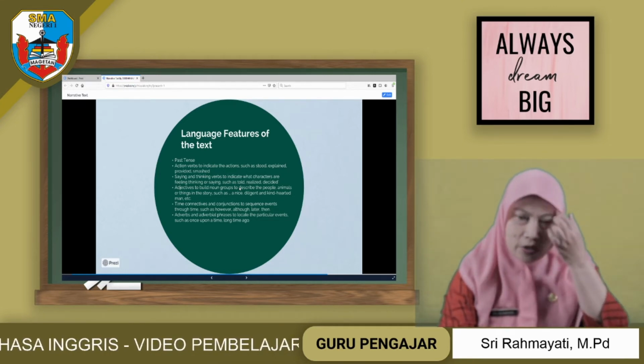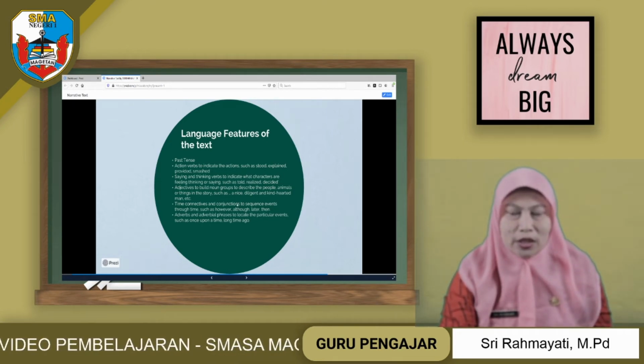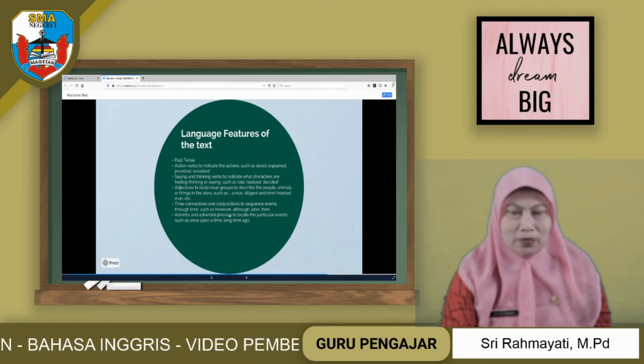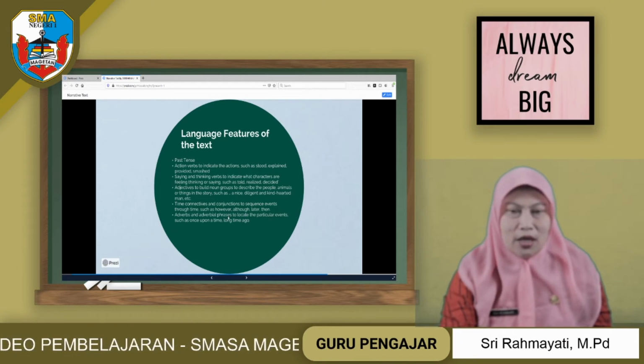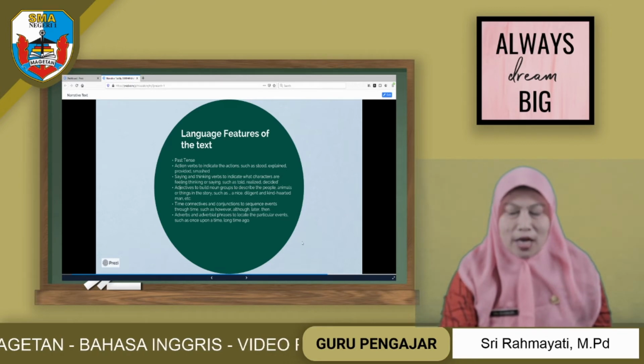Adjectives to build noun groups to describe the people, animals, or things in the story, such as a nice, diligent, and kind-hearted man. Time connectives and conjunctions to sequence events through time, such as however, although, later, and then. Adverbs and adverbial phrases to locate particular events, such as once upon a time, long time ago.